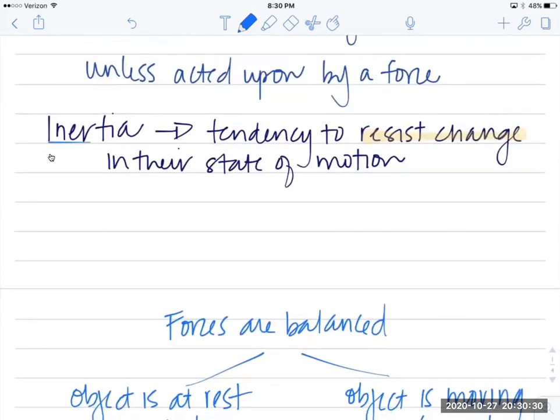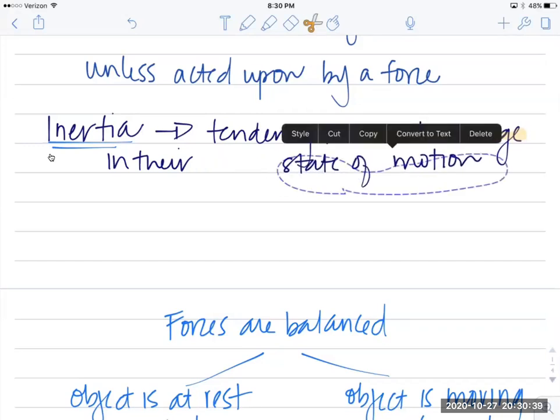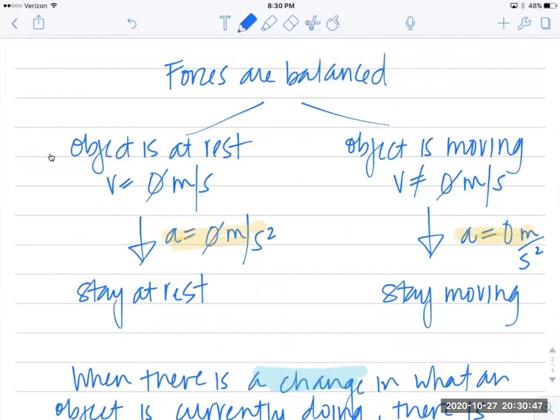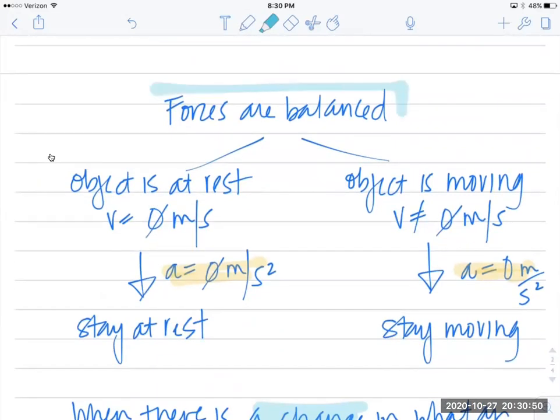Inertia is the tendency to resist change in an object's state of motion. And forces are traditionally balanced.